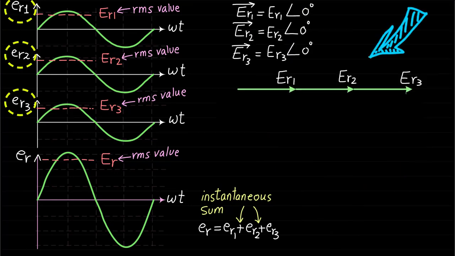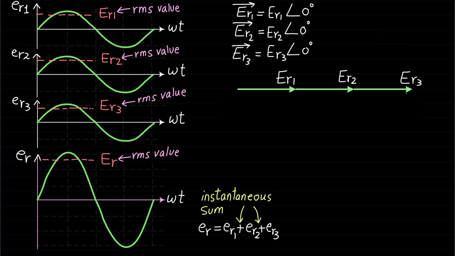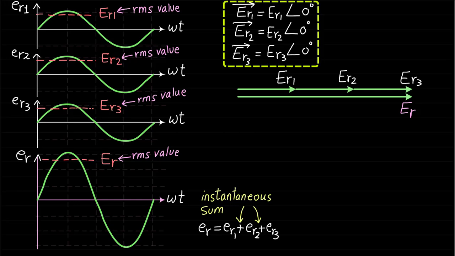This phasor diagram represents the phasors of the three induced voltages ER1, ER2, and ER3. The sum of the three phasors is represented by the phasor ER, which represents the RMS value or the sum of the three phasors ER1, ER2, and ER3. It is very clear that the phasors ER1, ER2, and ER3 are in phase.